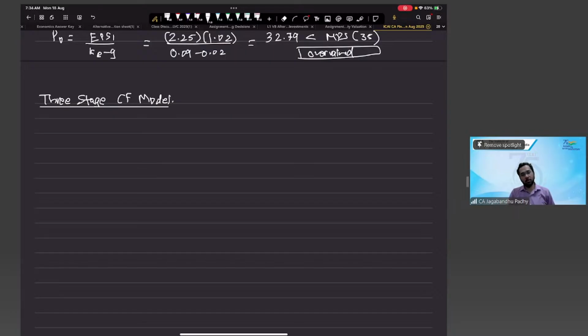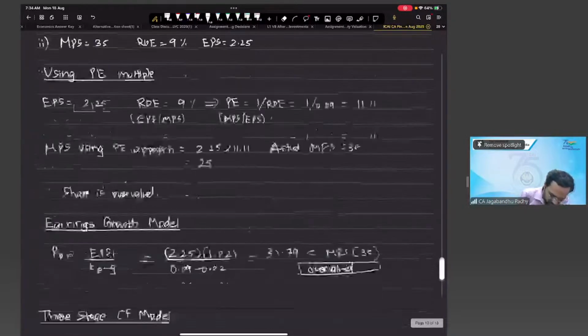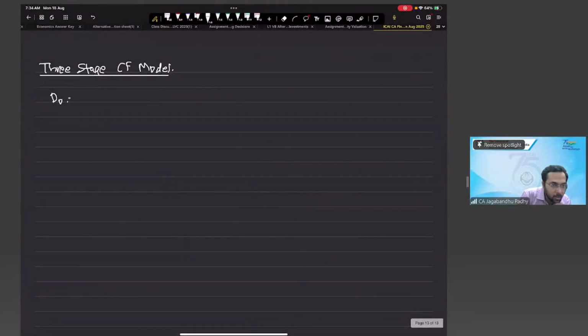So why is there a need for the 3-stage cash flow model, by the way? Because sometimes what we observe is that you give us some dividend which is ongoing right now, let's say 20 rupees, and we talk of the growth rate.